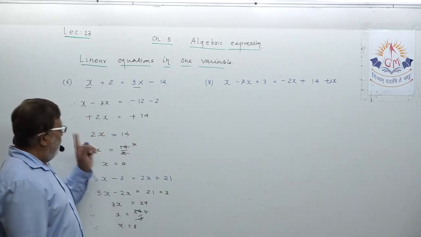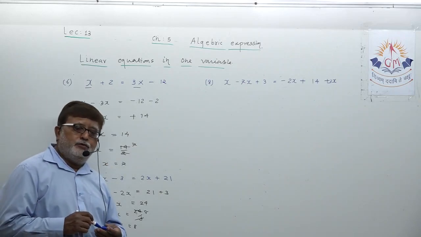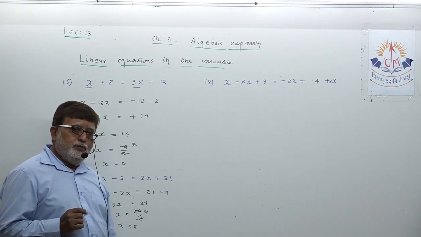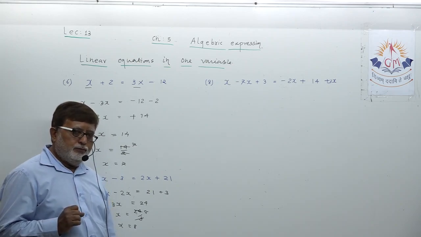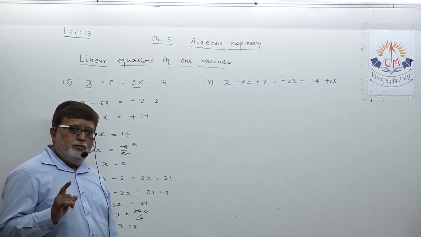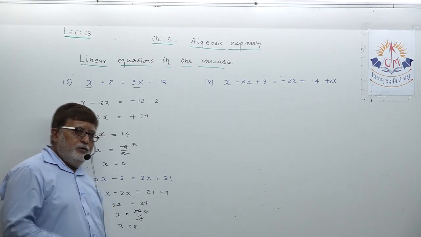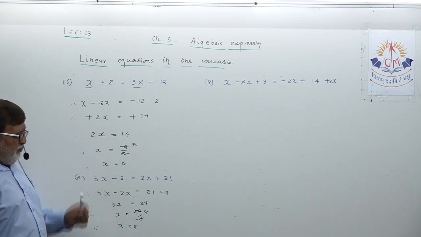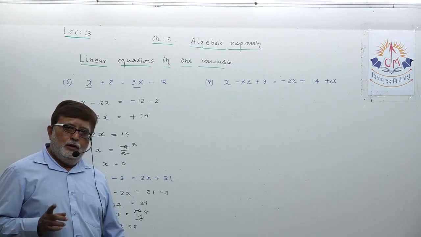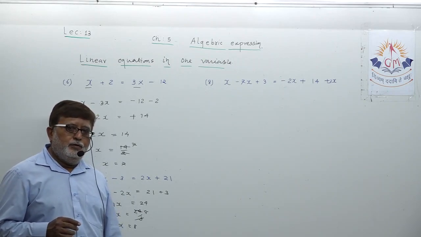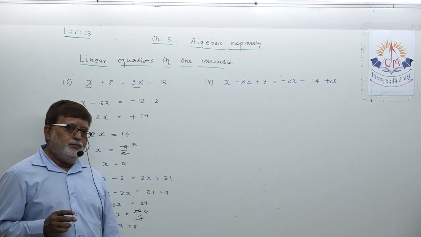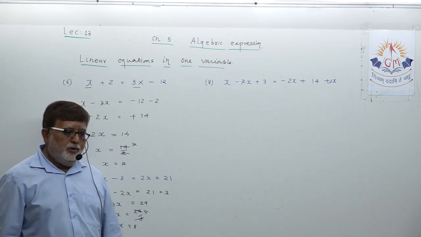See, before example 6, all examples which we have done involved only one term containing variable. Examples 6 and 7 which we have done are those examples where you will have two terms containing variable.